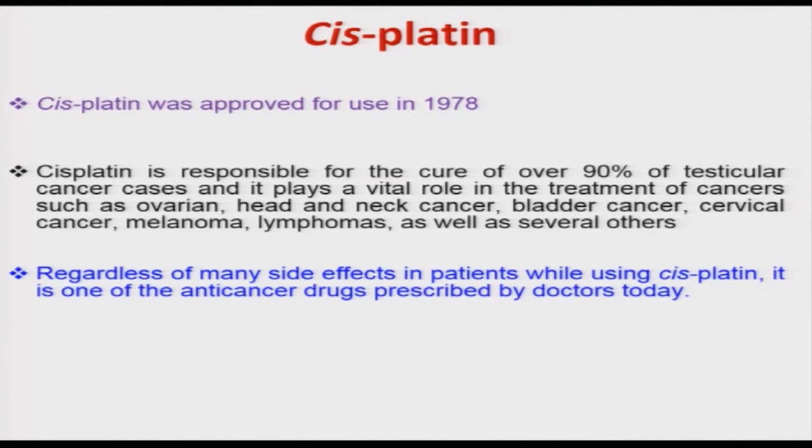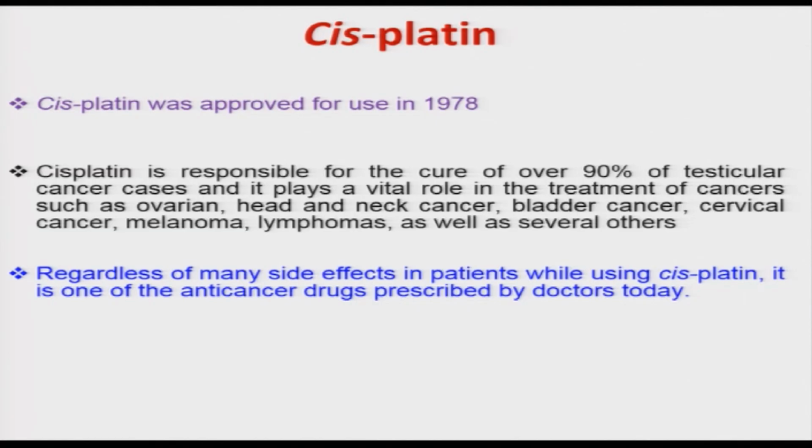Cisplatin was indeed approved for use in 1978, and cisplatin is responsible for the cure of over 90% of testicular cancer cases, and it plays a vital role in the treatment of cancers such as ovarian, head and neck cancer, bladder cancer, cervical cancer, melanoma as well as several others.